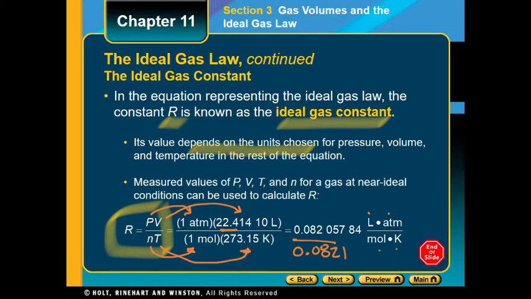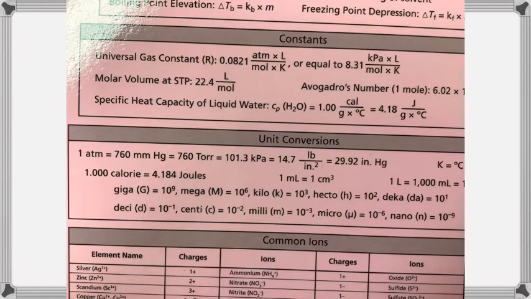I'll go throw a picture of that again real quick just so that you can see. So again, we do have the universal gas constant right here, the 0.0821, and you notice it's atmosphere times liter over mole Kelvin. Or we have 8.31, but notice that the units are different. This time for pressure, they have kilopascals listed in.